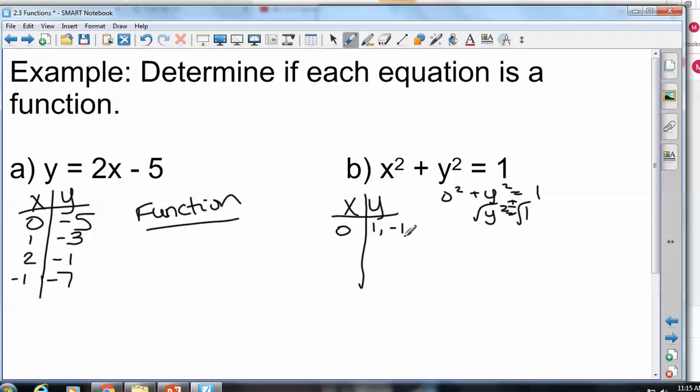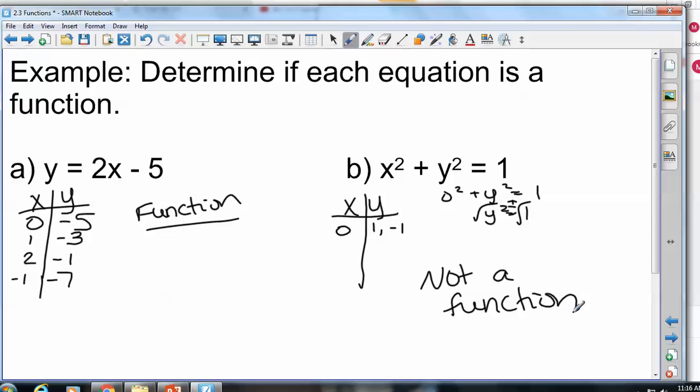In other words, (0, 1) is a point, and so is (0, -1). What does that tell me? Not a function. Typically, things that are going to create issues would be if your y value has a square or a fourth, things like that. You need to be very cautious about that.